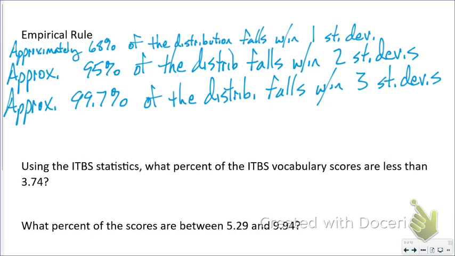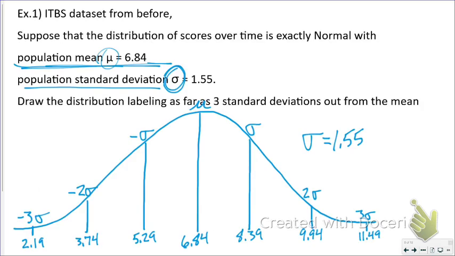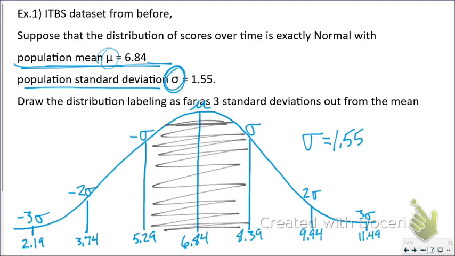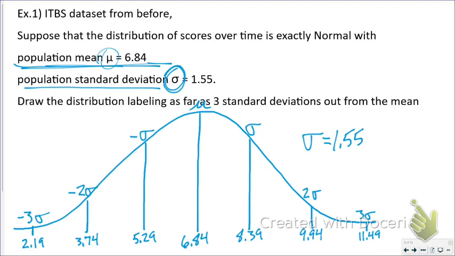In other words, let's look at the graph I just drew. I know, now I wouldn't mark on your paper. We're going to mark on it in a second. But I know that according to that rule, 68% falls in that range right there. That means, because it's symmetric, 34% is right here.